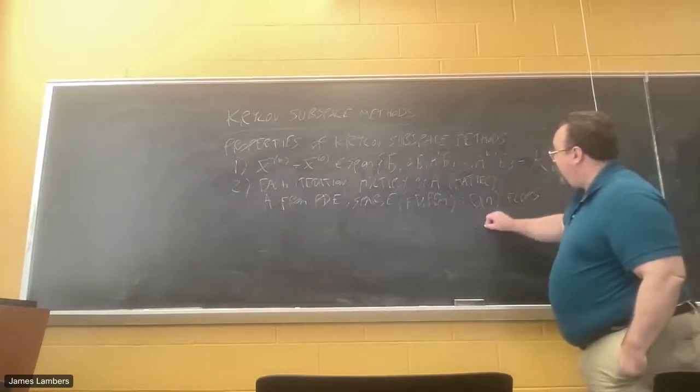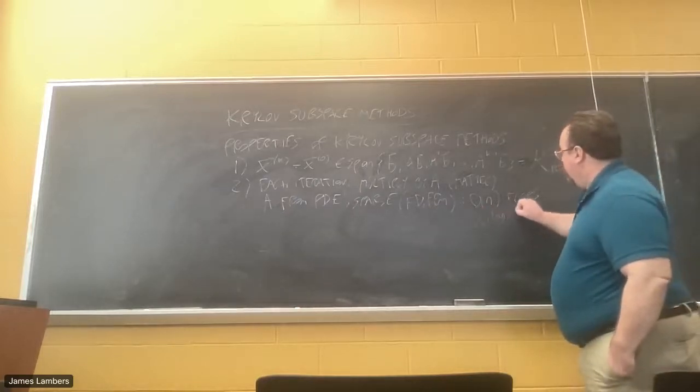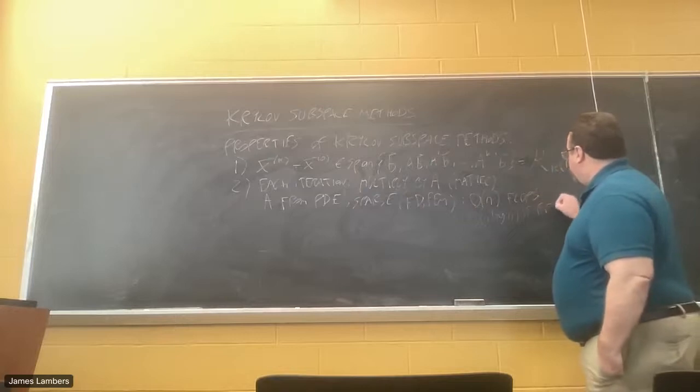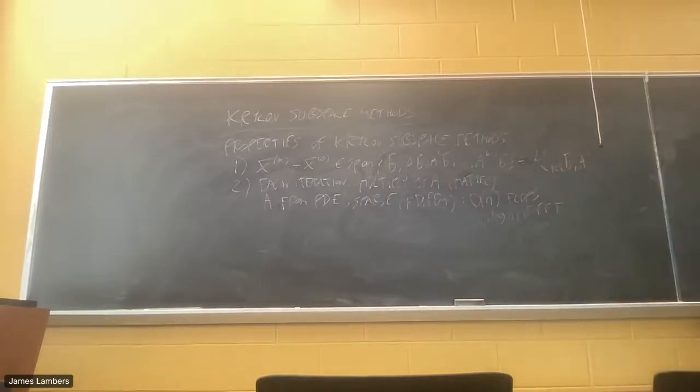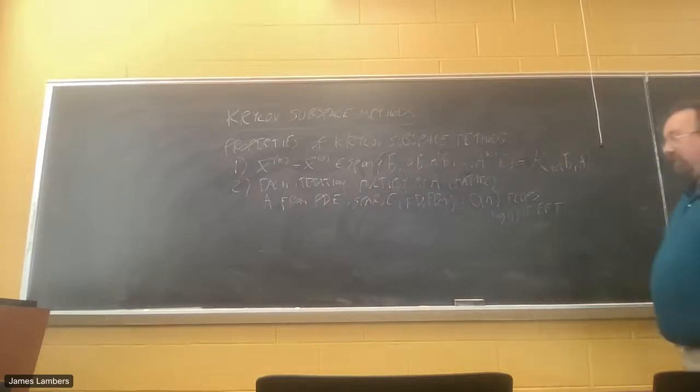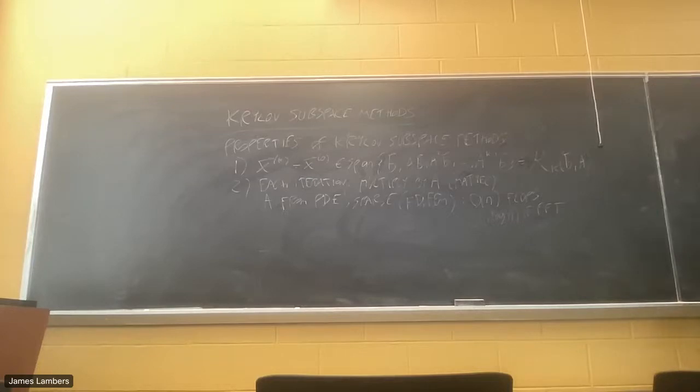Or it could be n log n if this is a spectral method and you're using FFT. So it's still pretty cheap. All right, so that's one of the nice things about the Krylov subspace methods: the iterations are fairly inexpensive. Now, you want to make sure the method still converges rapidly, or you'll be performing a lot of iterations, and that would be bad. But at least you don't have much expense per iteration.